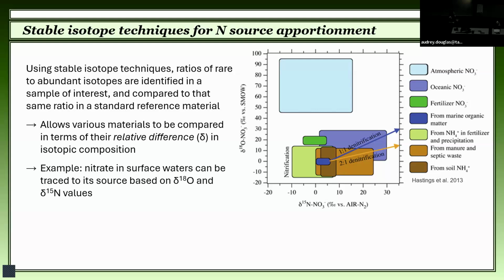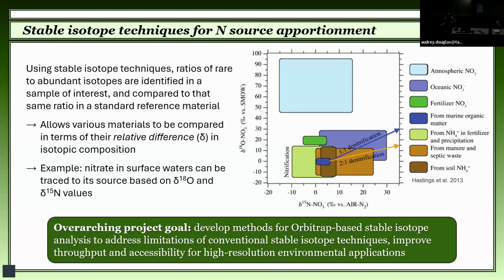And for example, we can use this to find some nitrate in our surface water and see where that came from. Did it come from runoff? Did it come from fossil fuel combustion? But the larger goal here is to develop novel techniques to improve some of the shortcomings of the traditional conventional methods and apply those techniques to measuring nitrogen in these ecosystems.